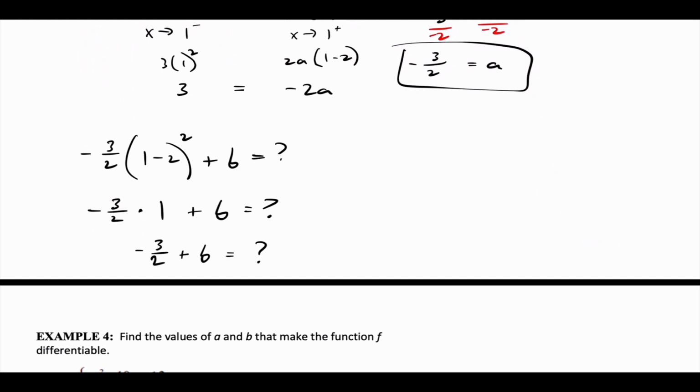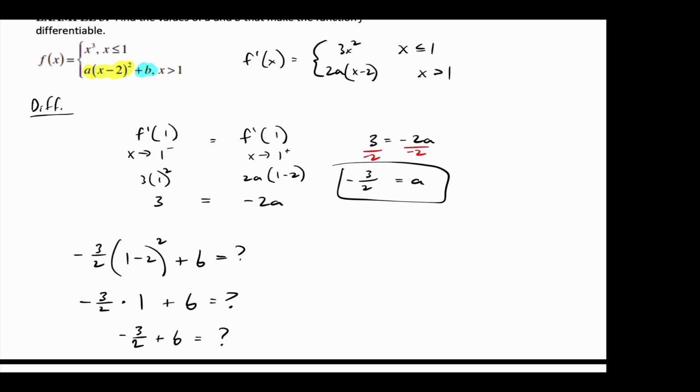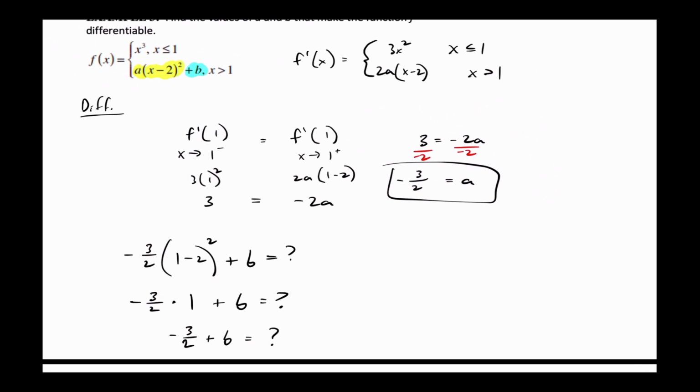Well, here we're going to use differentiability, and then we're going to use continuity. With differentiability, the b went away. So that didn't help us there. But with continuity, the b won't go away. So what I've got to do is set up something for continuity.